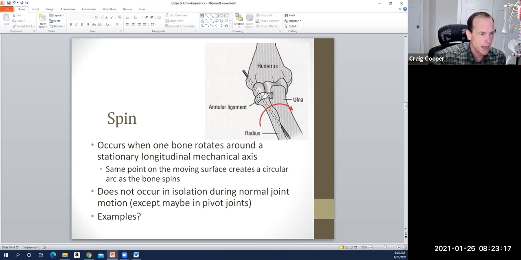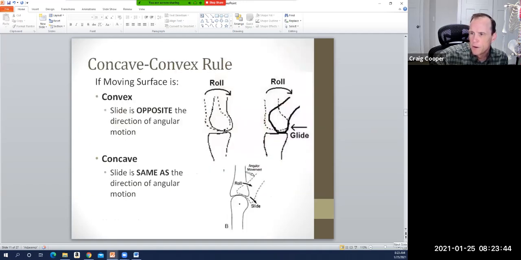The rounded head is going to be spinning in place on the socket to a degree. So I didn't really agree with that bullet point, so I added that just this morning, except maybe in the pivot joints part. But the way the ball and socket joint spins is a little different than something that's locked in, and where spin is really only motion that we see at the pivot joint very specifically. So a little different with those.